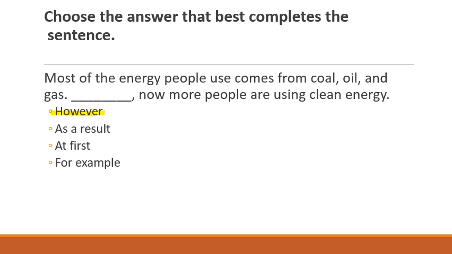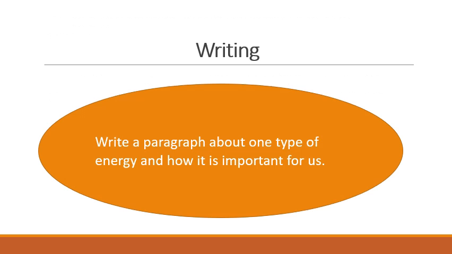The last slide. It's about an assignment to do. The assignment is to write a paragraph about one type of energy and how it's important for us. That's your assignment for next week, and I hope that you can understand the lesson on energy and the different types of energy.